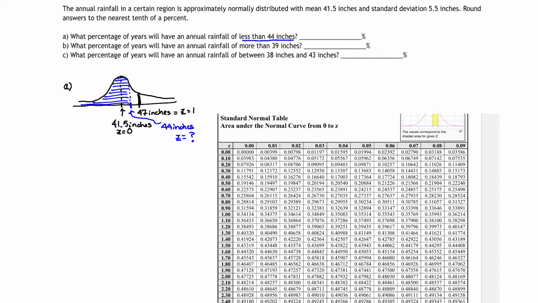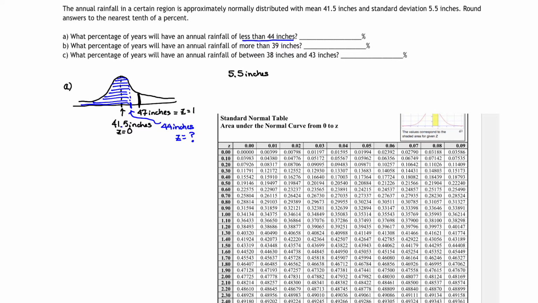All right, so that's first. We got to get that z value. How would we do that? Well, I'm thinking I might use a little bit of mathematics, specifically proportionality. What do I know? I know that z equal 1, or 1 standard deviation, is equal to 5.5 inches.